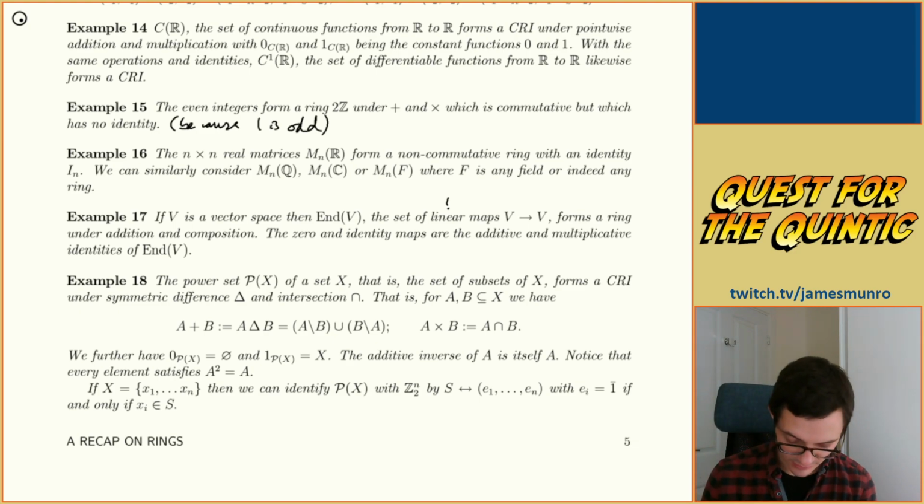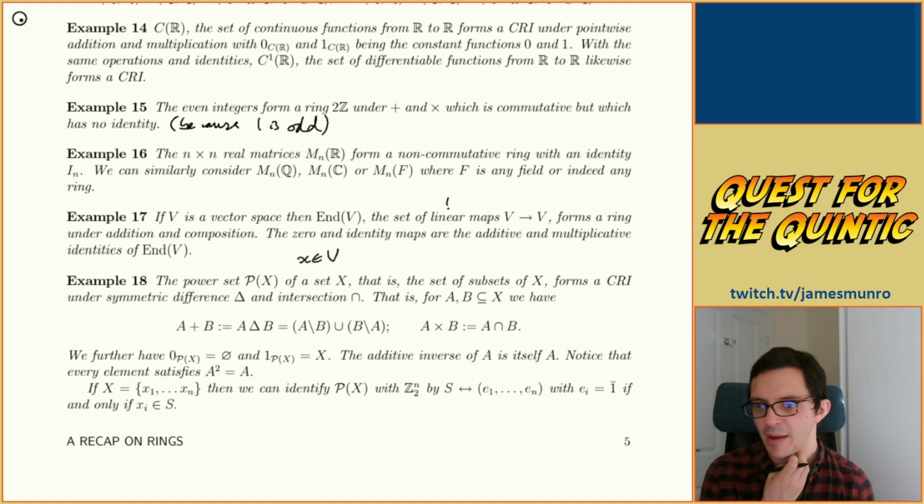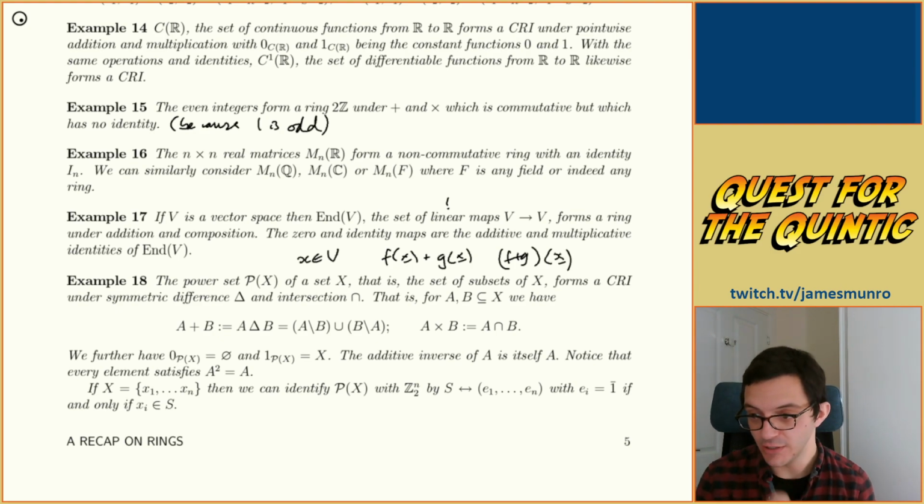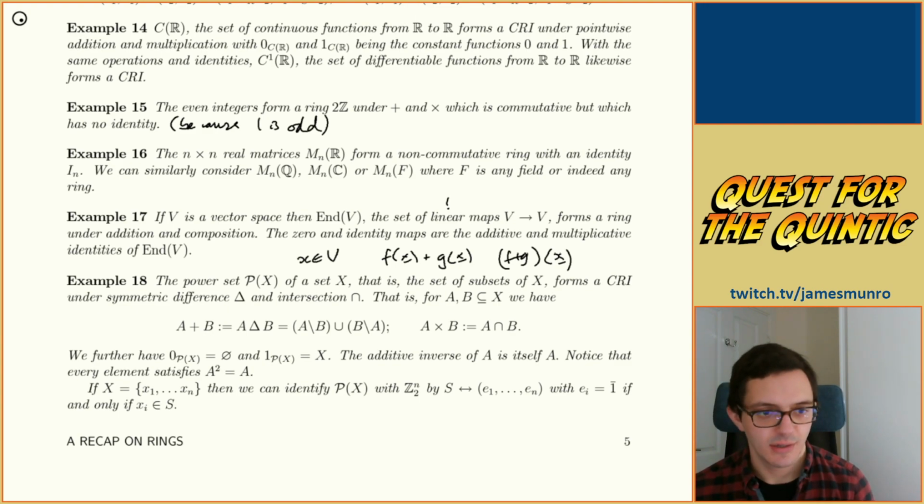So you've got your x in V as your member of that vector space, and you've got two linear maps. You could add together the images of f and g and call that the image of f plus g. So you can construct this new map f plus g, which is just apply each function and add them together. Fine, okay.